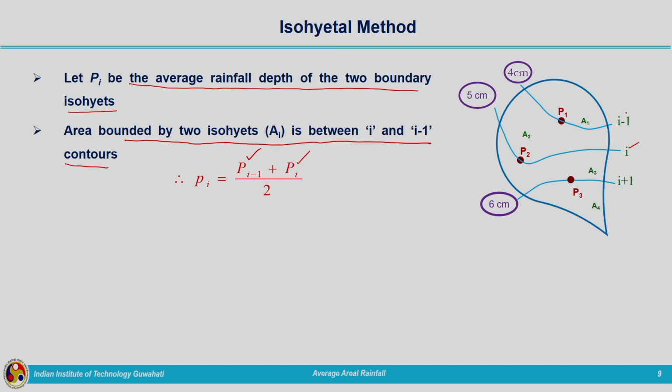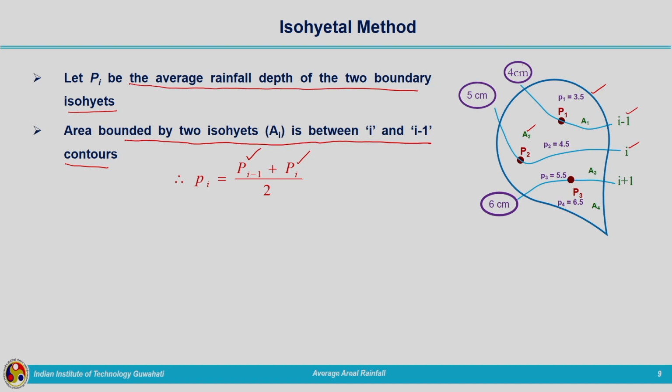So, this is the I minus 1th isoheight and this is the ith isoheight. 4 centimeter rainfall is there in the I minus 1th isoheight, and the ith isoheight is representing 5 centimeter rainfall, and within this area A2 we will be having an average rainfall of 4 plus 5 divided by 2, that is 4.5 centimeter rainfall. So, P1 in the first region is given by 3.5 centimeter, P2 is given by 4.5 centimeter, P3 is equal to 5.5 and P4 will be 6.5 centimeters.